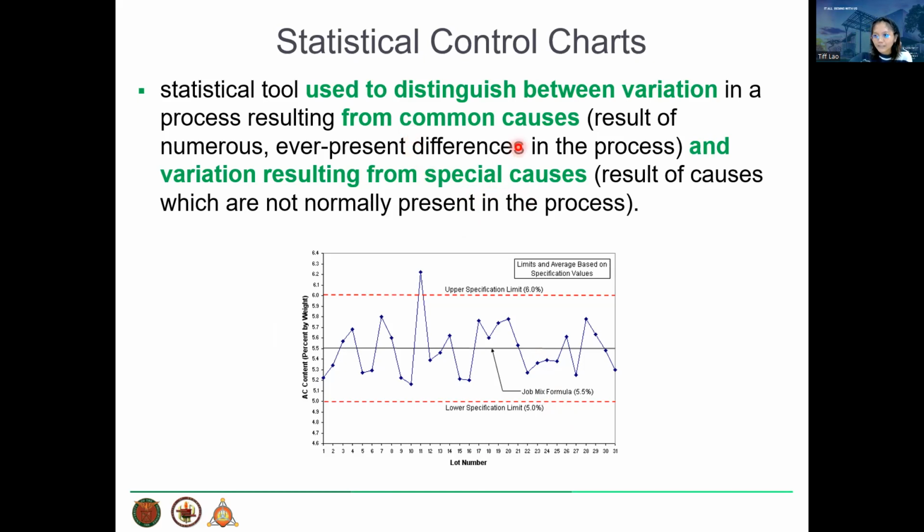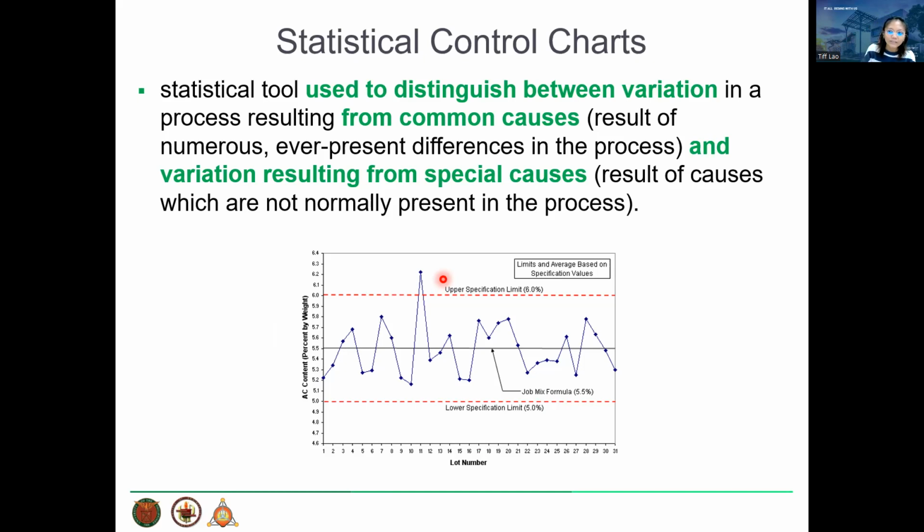But then again, in this lesson, hindi tayo magko-focus doon na whether special causes ba yung reason bakit nag-out of control siya, meaning lumampas siya ng limit, or is it common causes. Sa lesson na to, we will focus if the process in that time period is out of control or not. Mamaya makikita nyo to sa examples.